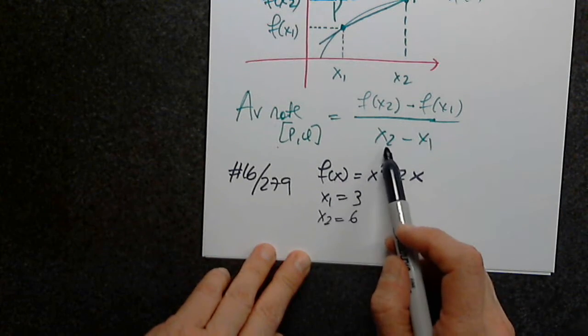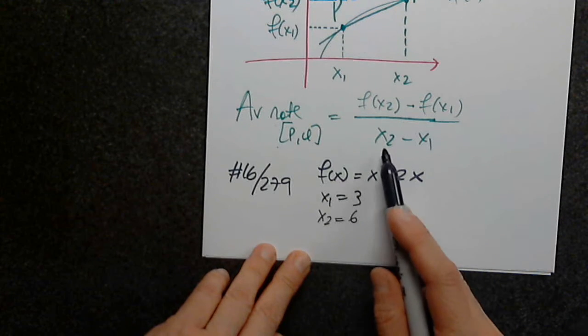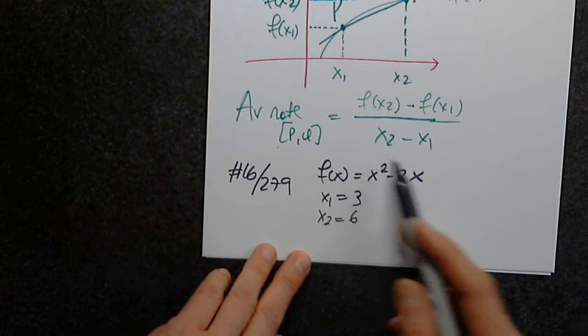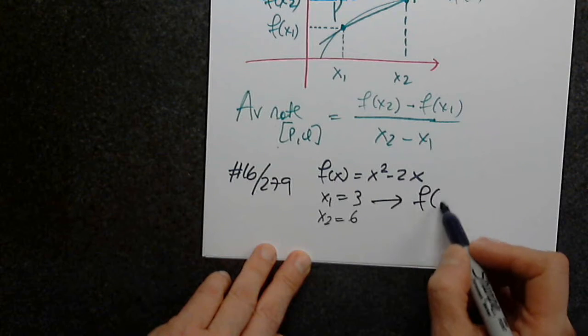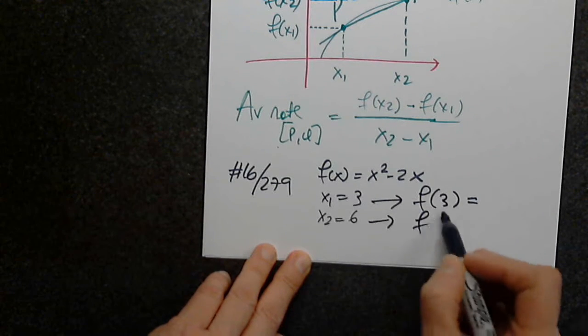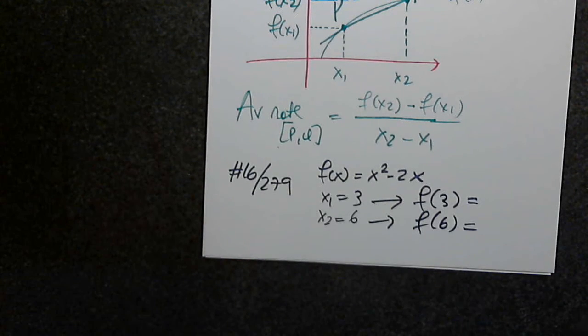So you need f of x1 and f of x2. So f of 3, please, and f of 6. That's what I don't have yet. I have the x-coordinates, but I don't have the y-coordinates, and the y-coordinates are determined exactly how we just said. So please give me f of 3. Great job.